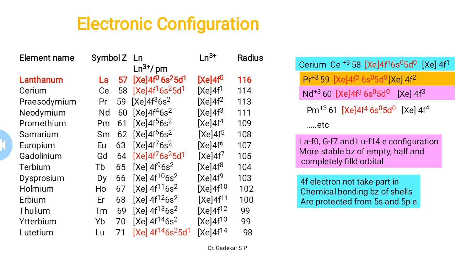Now we discuss the oxidation state of lanthanide elements. First of all, what is oxidation? Oxidation is loss of electrons, and this loss of electrons depends on ionization potential.